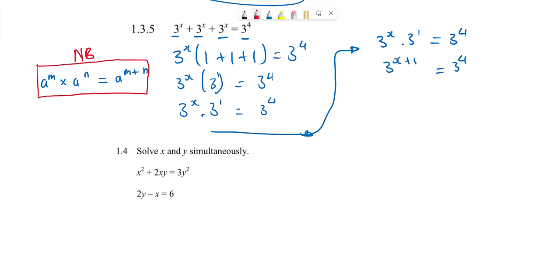Also remember this: if b to the m is b to the n, therefore m equals n. What am I trying to say? I'm trying to say that if the bases are the same, we equate the exponents. Okay, so x is 3.